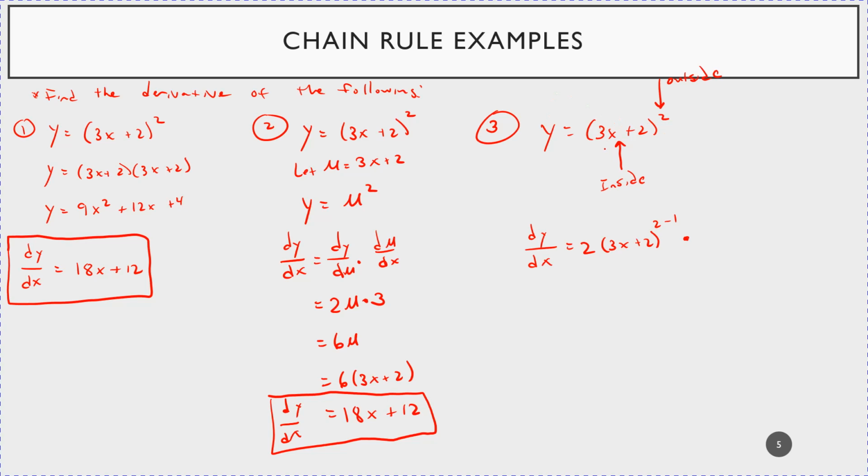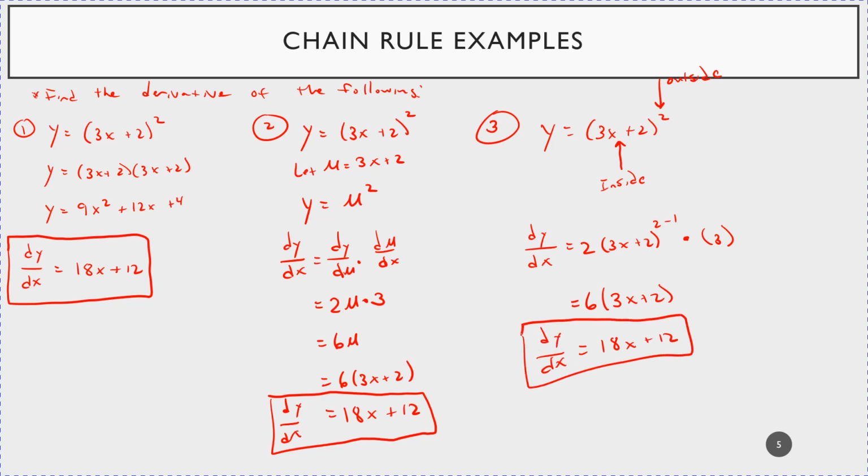What is the derivative of 3x + 2? That's just 3. So 2 times 3 is 6, times (3x + 2) to the 2 minus 1, which is just 1. Now distribute the 6. You get 18x plus 12. That's very, very easy, right?